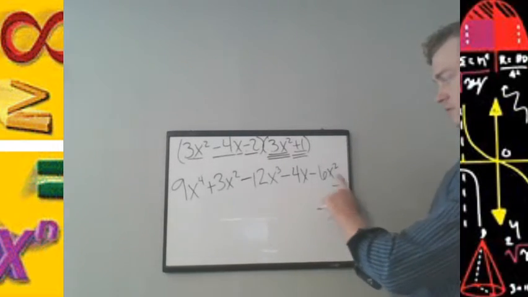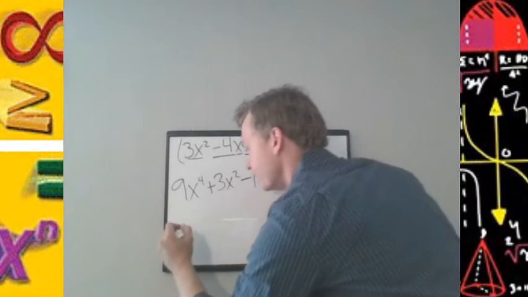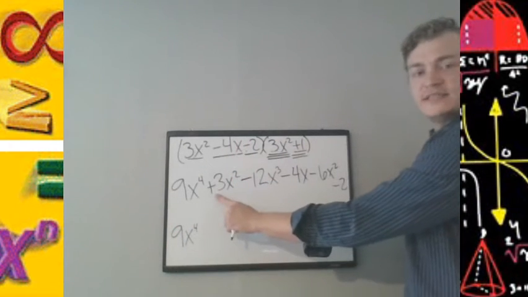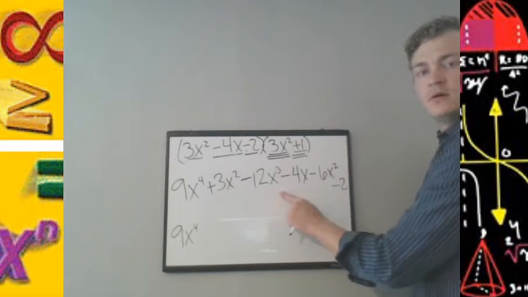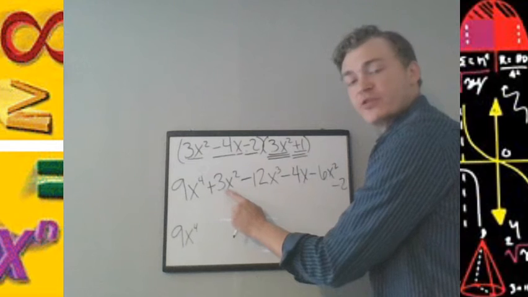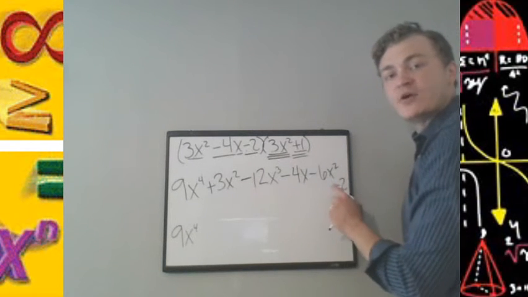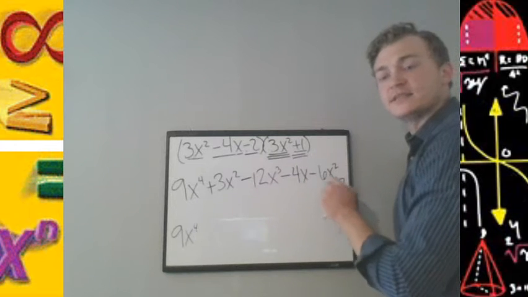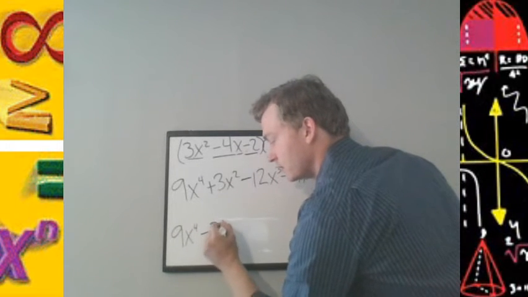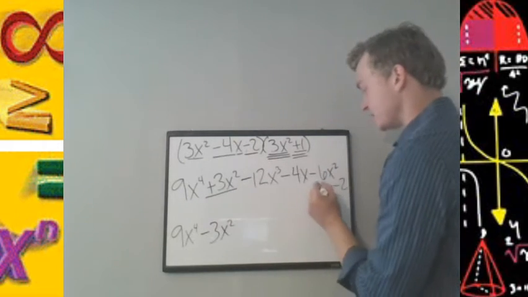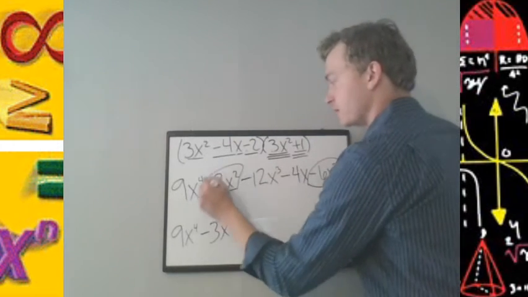X to the 4th remains the same. Positive 3x squared minus 6x squared. I start off with 3x squareds, but I take away 6x squareds. 3 minus 6, I have minus 3x squared. So this combines here.